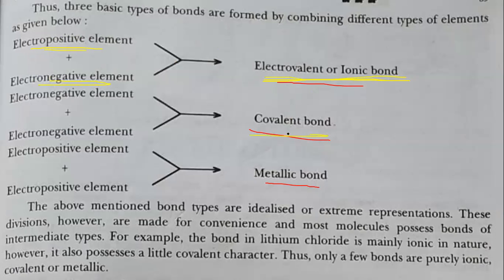For formation of covalent bond, both the atoms which come together are electronegative elements. Remember, electronegative elements attract the electron, electropositive elements donate the electron. For metallic bond formation, both the atoms are electropositive. So this is how these three types of bond can form.